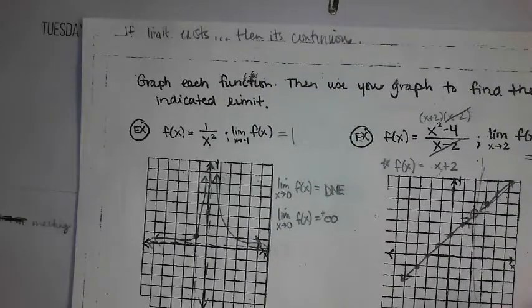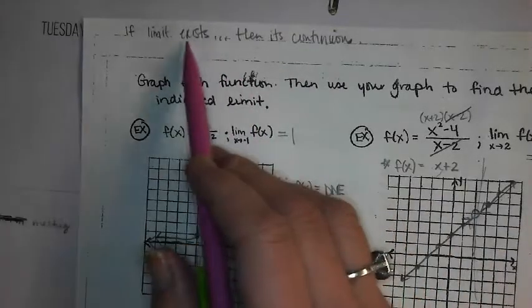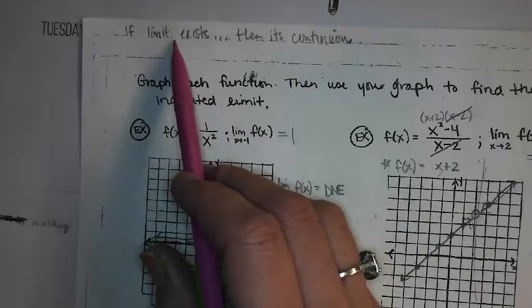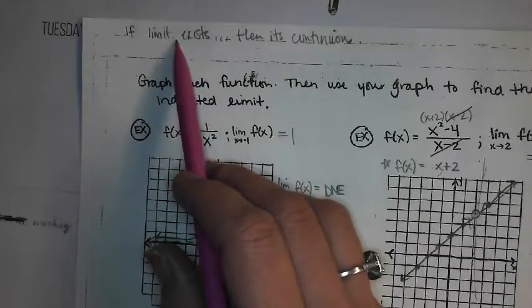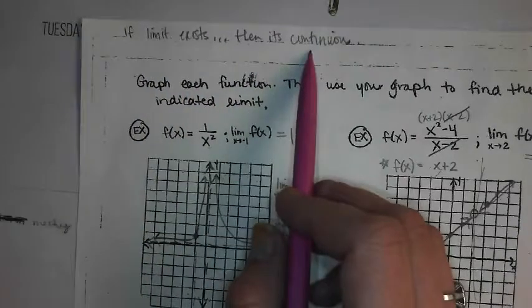Is that a true or false statement? True and false means, if you say true, that means always true. If the limit exists, right, then it's continuous. True or false?